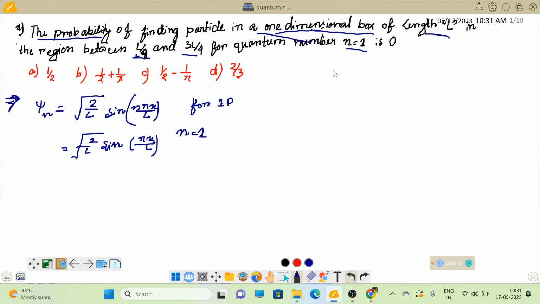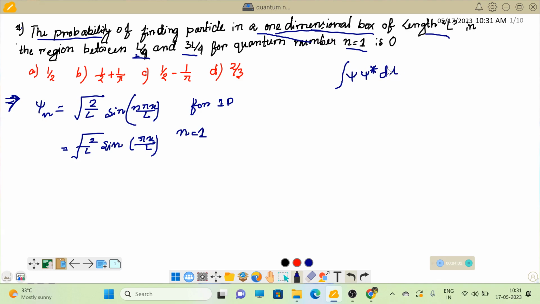So you know the probability formula. Probability density is psi star psi, and probability is equal to the integral of psi star psi d tau.